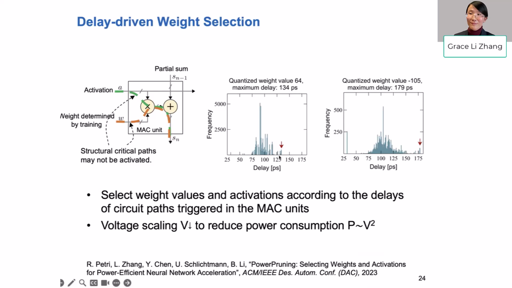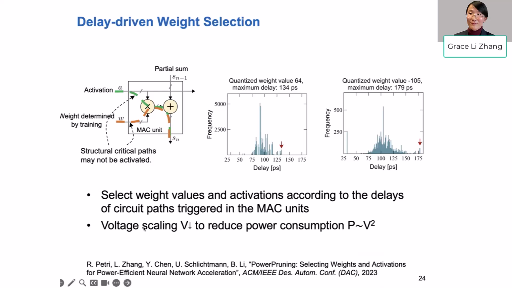So we want to take advantage of this information to tell the training: please train the weights with only those values that lead to very small worst-case delays. If we can still guarantee the accuracy, then if the circuit can work with the same clock frequency, we can apply voltage scaling and reduce the voltage.